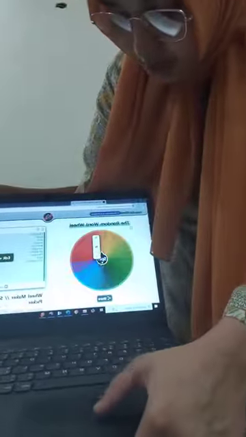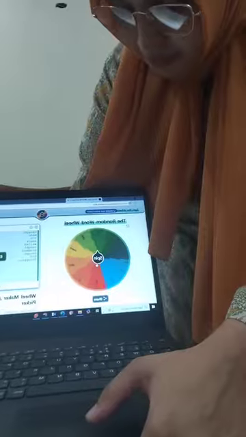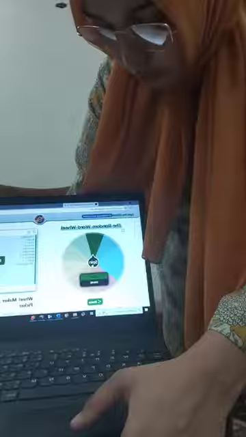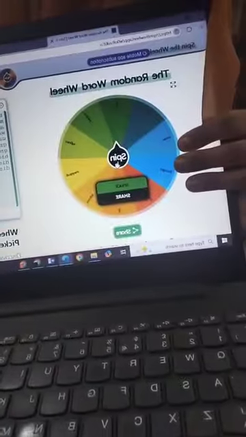This will solely be your own turn. I'm spinning it one more time. Okay, here you see the word. Can somebody read the word for me? Okay, group A. Abira, yes, please go ahead. Yes, absolutely, Abira.